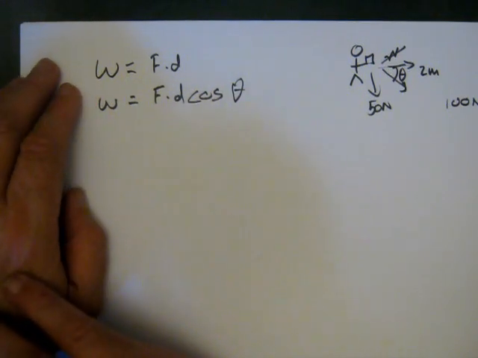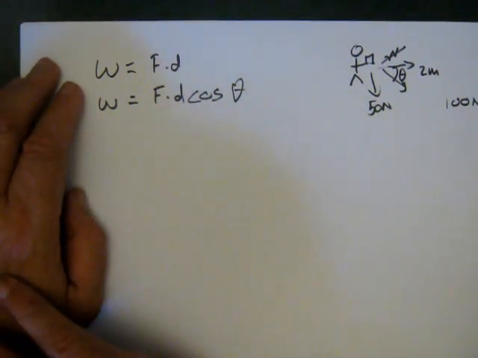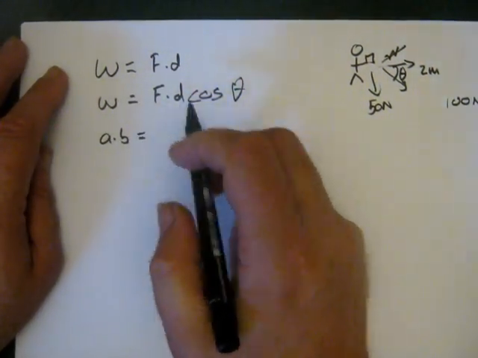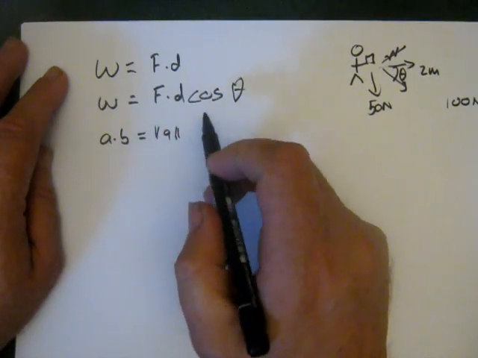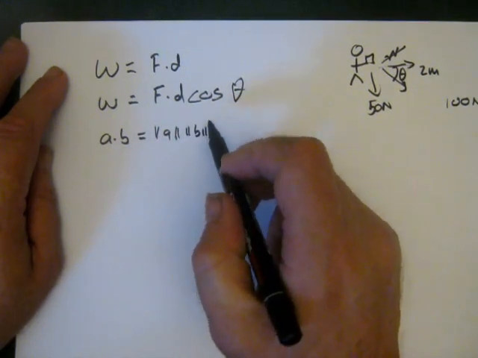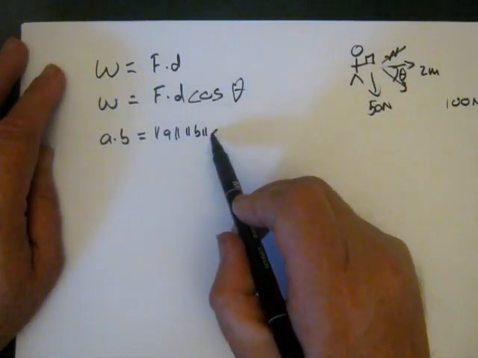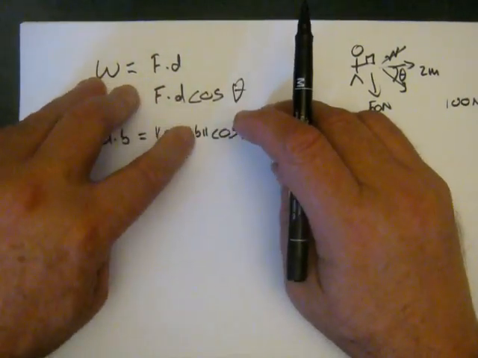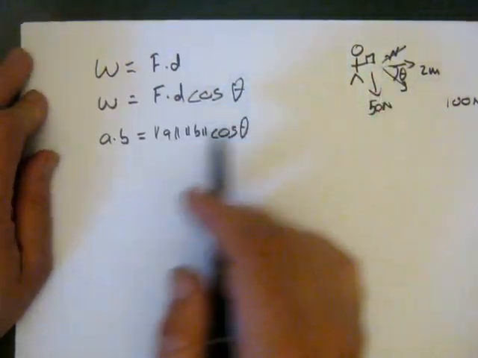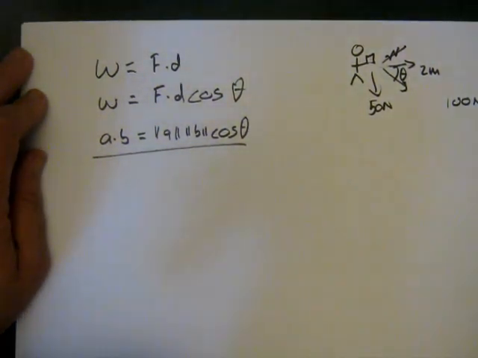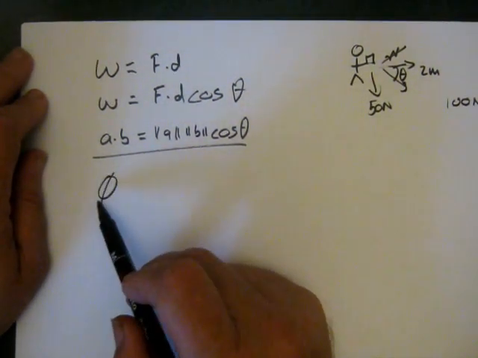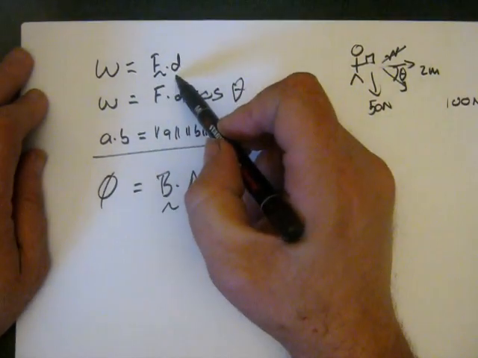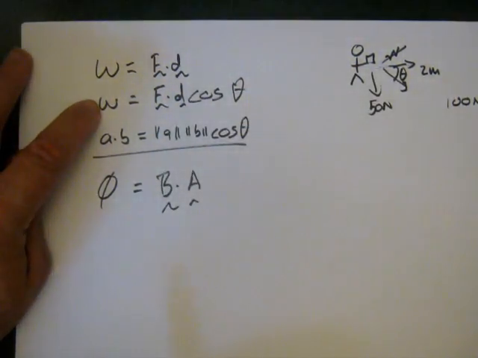And if you look at the classic description of the dot product, A dot B equals the magnitude of A times the magnitude of B, because direction is not important, times cos theta, you'll see that these are the same thing. Force times distance or displacement, cos theta. Isn't that cool? Okay, other things we do with these things is flux. Magnetic flux is equal to the magnetic field times the area. I should put twiddles in here because these are vectors, that's not.